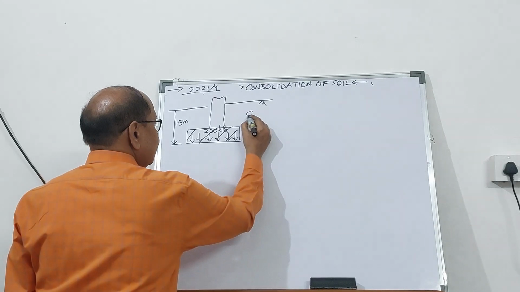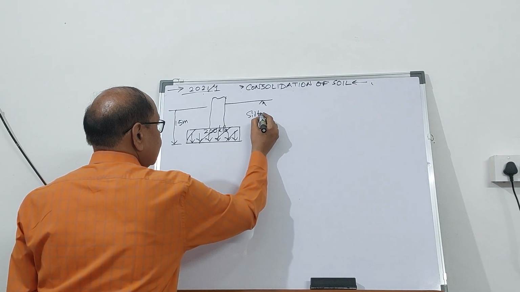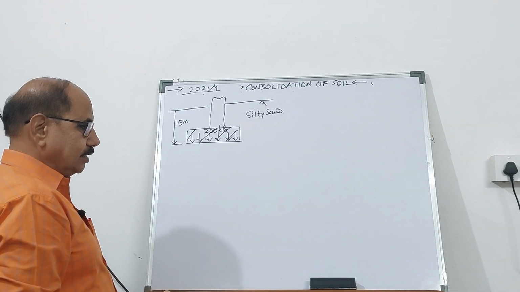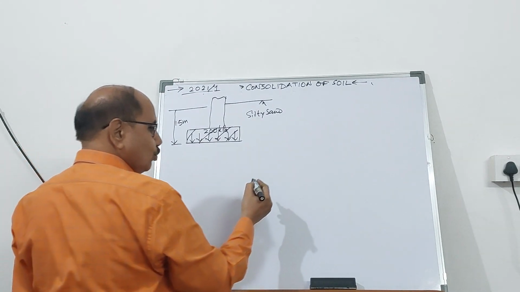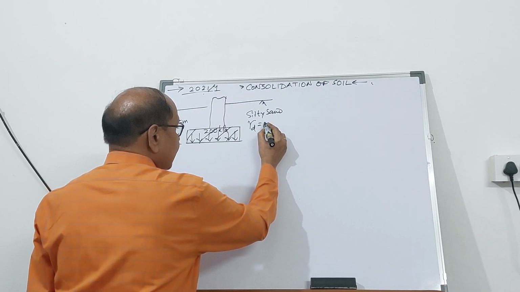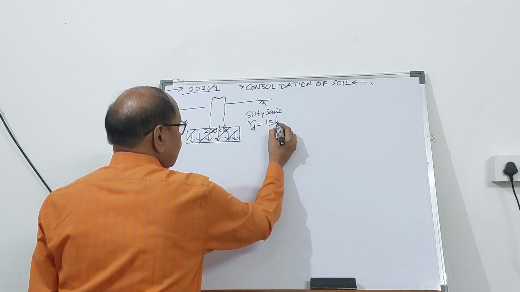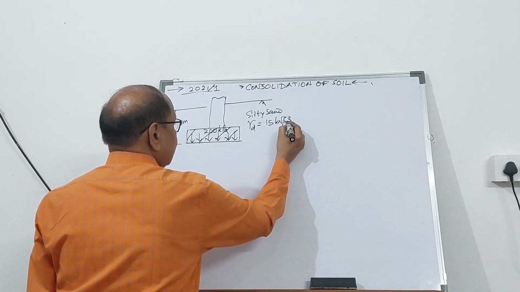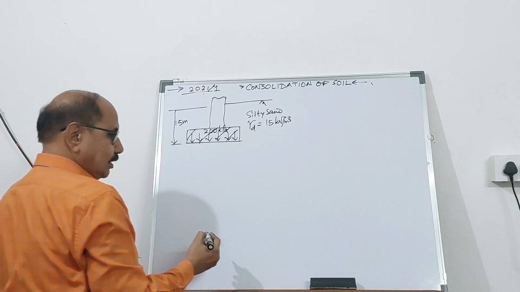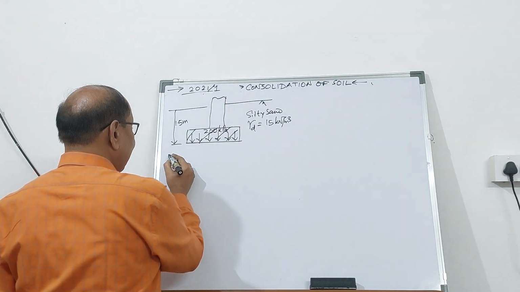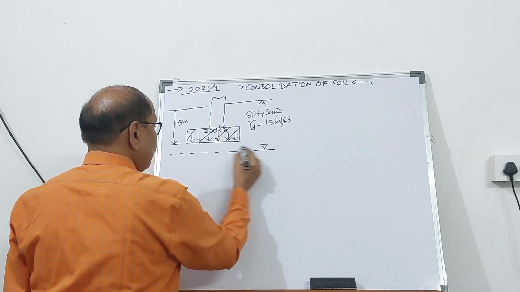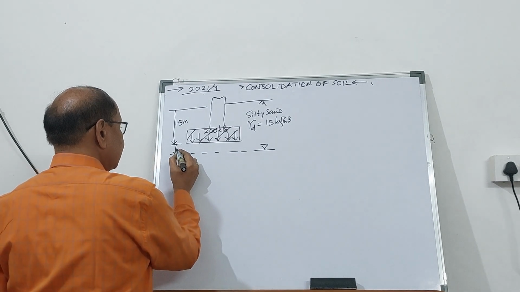And there is silty sand, and the dry unit weight gamma D is given to you as 15 kilonewton per cubic meter. And the groundwater table from the base, it is at 0.5 meter from here.